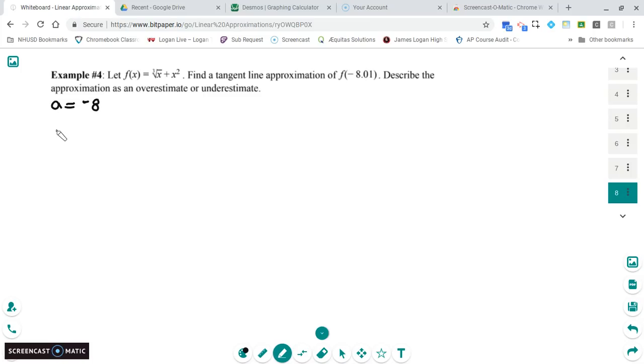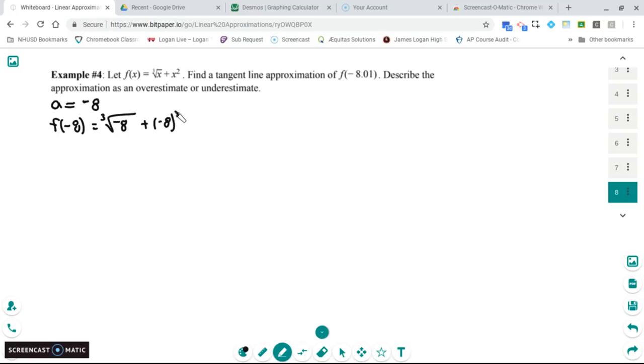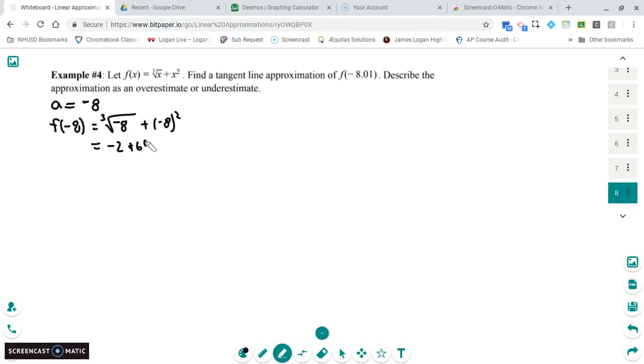All right, and so that means I need to calculate f of negative 8, which means I'm taking the cube root of negative 8, and then I'm squaring negative 8. So that would be negative 2 plus 64, and that is 62. Okay, good.